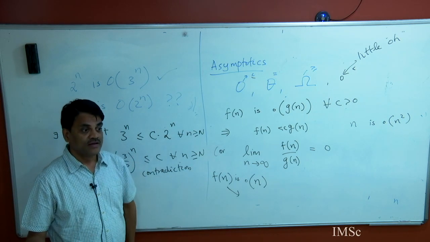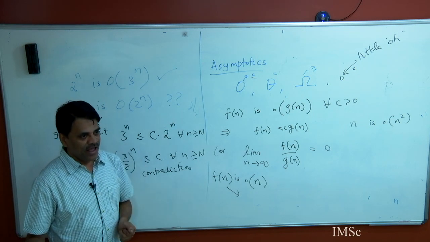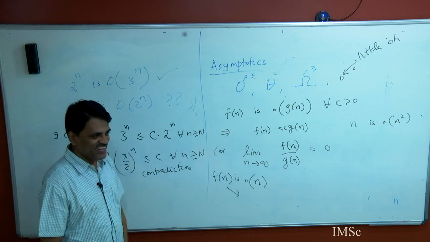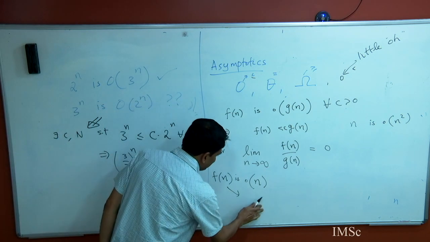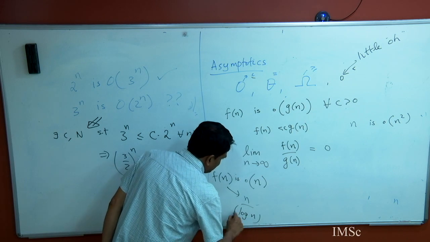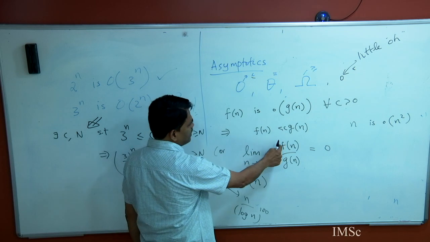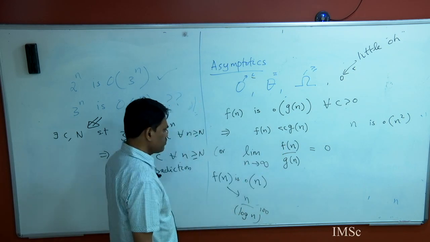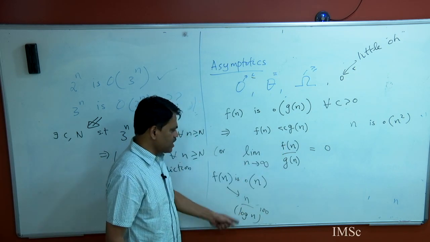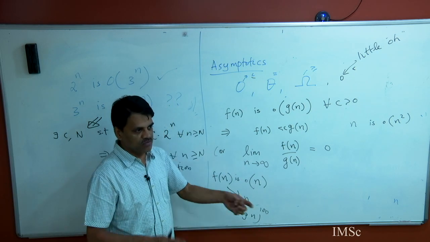Log n, square root of n, n by log n power 100. Because the limit as n tends to infinity of f(n) by g(n) would be, this n will cancel out and it will be 1 by log n power 100. As n tends to infinity, this will go to 0.